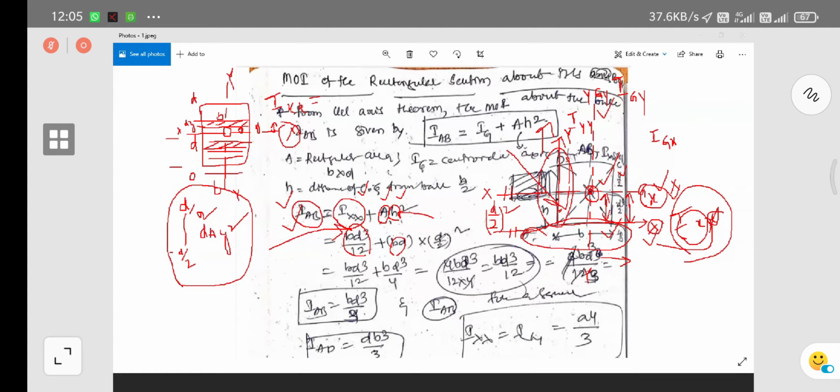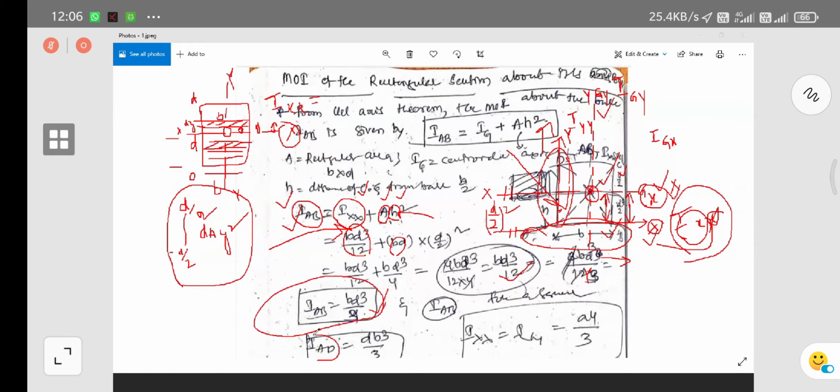If you do the LCM, multiplying numerator and denominator by 3, you get 4 bd cube by 12, which is bd cube by 3. This is about the base AB axis.